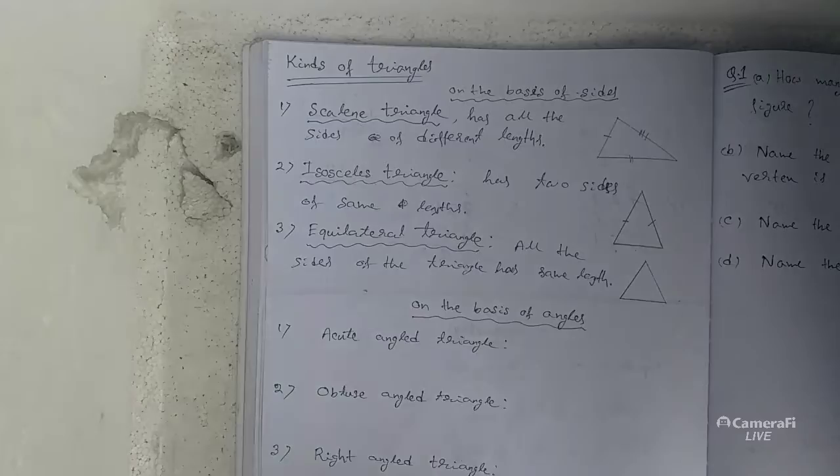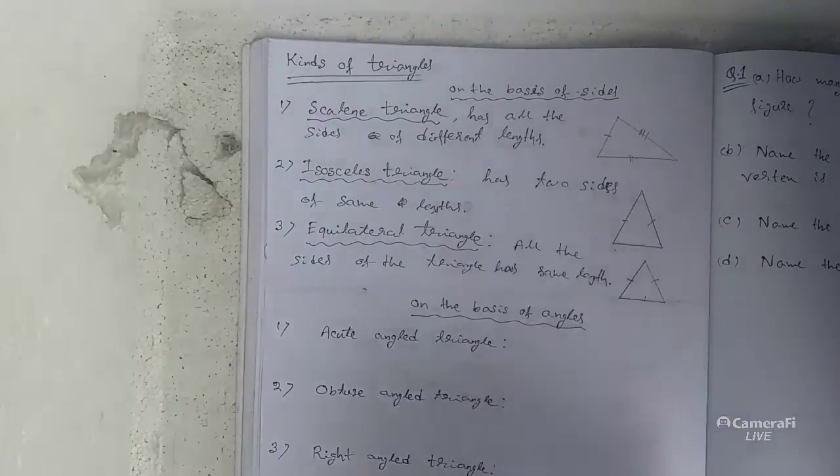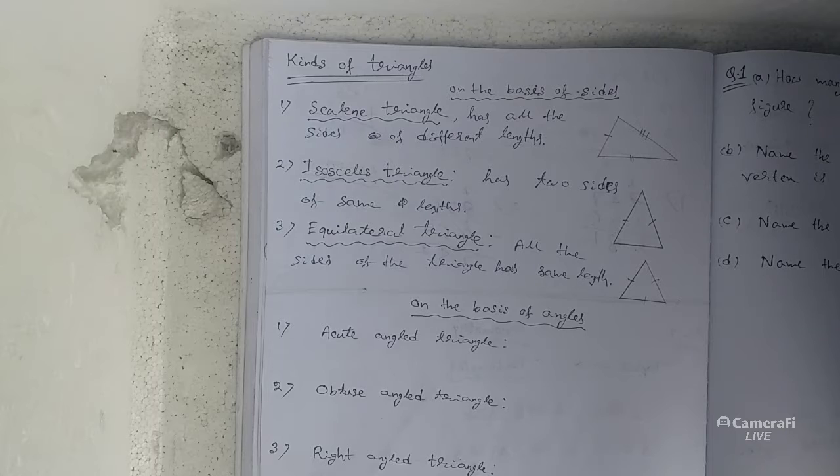All the sides are of the same length. So this is an equilateral triangle. So on the basis of sides we get three types of triangle: scalene triangle having no side equal, isosceles triangle two sides equal, equilateral triangle three sides all equal.